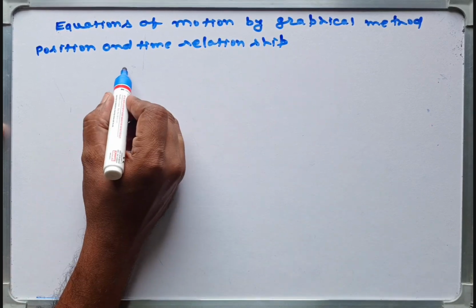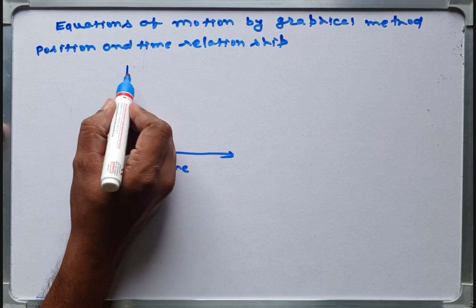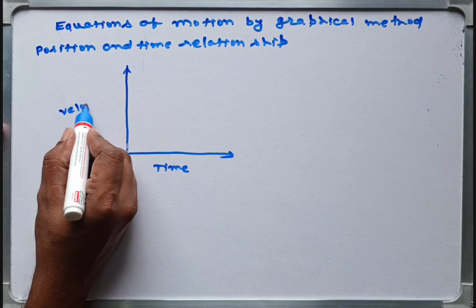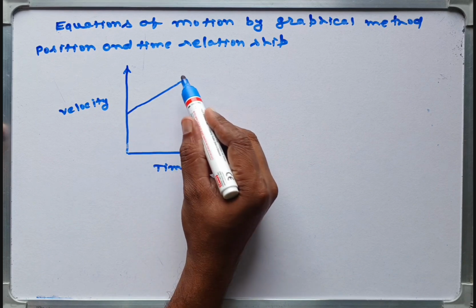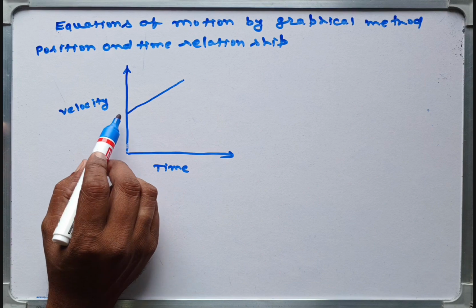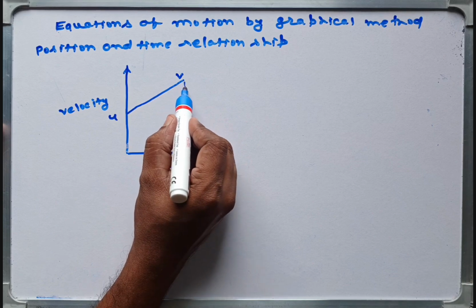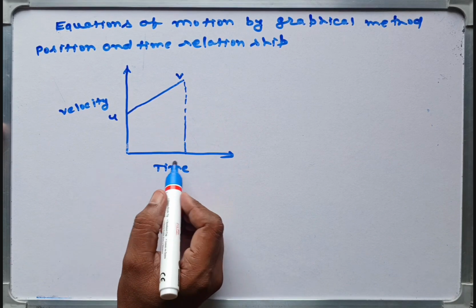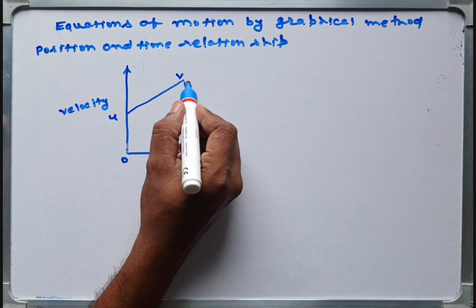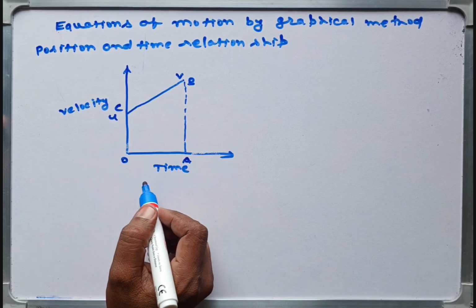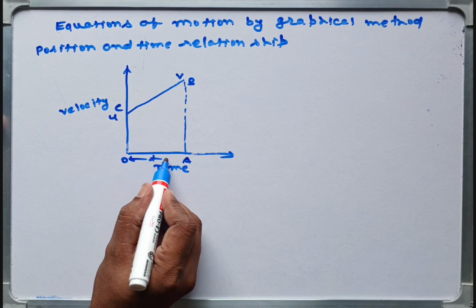Suppose this is the time axis and this is the velocity axis, and the particle is moving at a start with u, and after time t its velocity becomes v. Now the area under this curve OABC will give you the distance covered by the particle in time t.